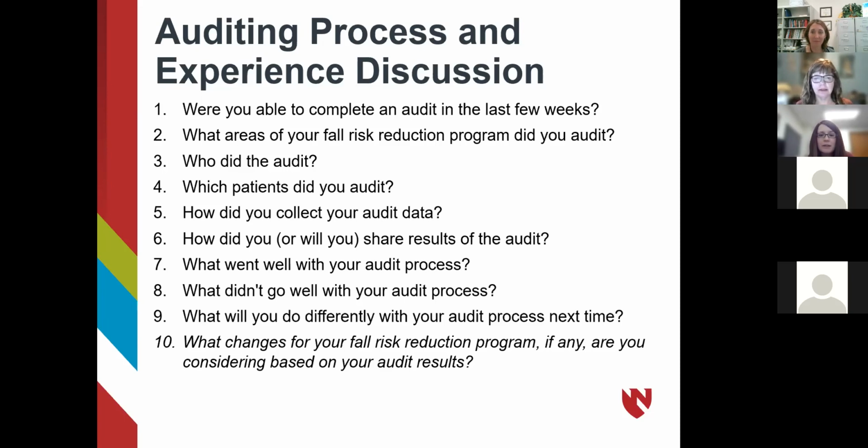What will you do differently with your audit process next time is the next question. I think Linda's comment from earlier would fit in here as well, as she mentioned wanting to add a direct observation section to the medical record audit. So that'd be something that could be done differently the next time.